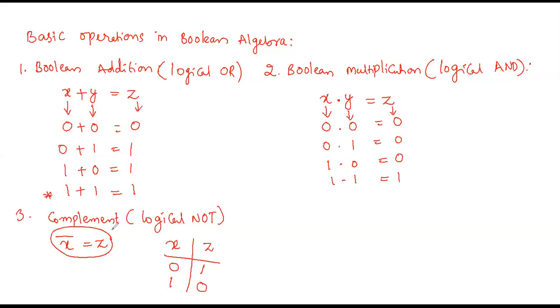You can analyze that circuit. Okay, these are the three basic operations we have in Boolean algebra. One is logical OR, logical AND, logical NOT. Okay, this is about the basic operations.